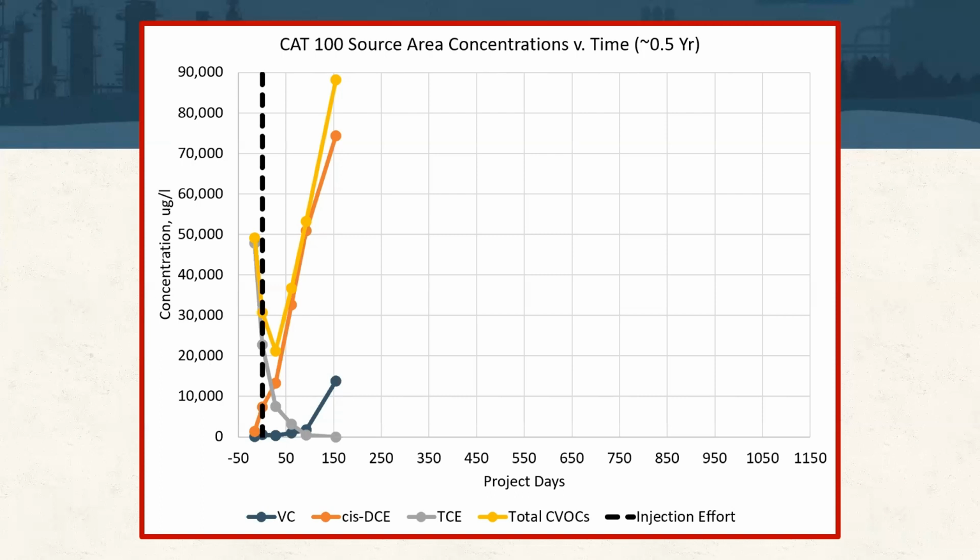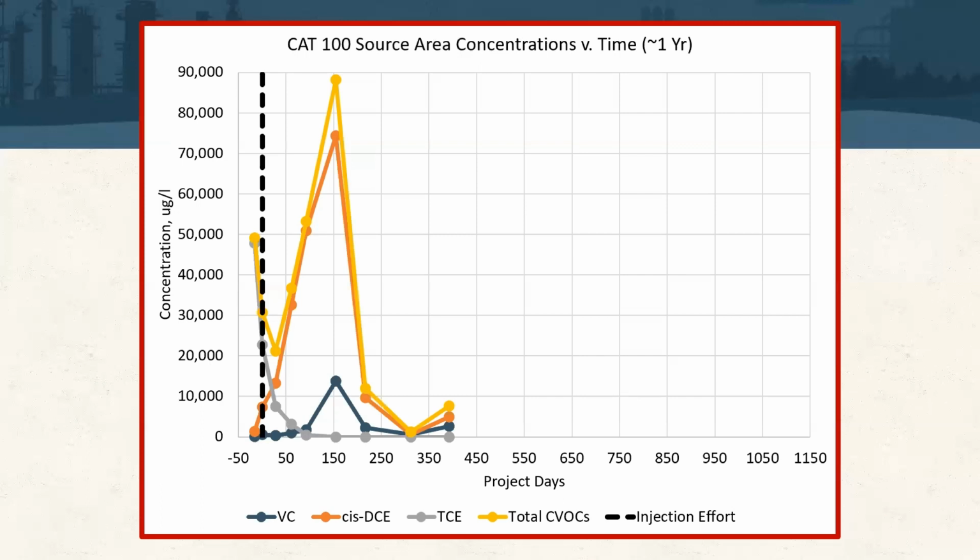And you can see that it's a slow decrease there, so it's not just adsorption onto the activated carbon. But we do see a concurrent spike in DCE, that's in orange, up to north of 70 milligrams per liter. And then we see our vinyl chloride increase as well, call it 12 milligrams per liter.